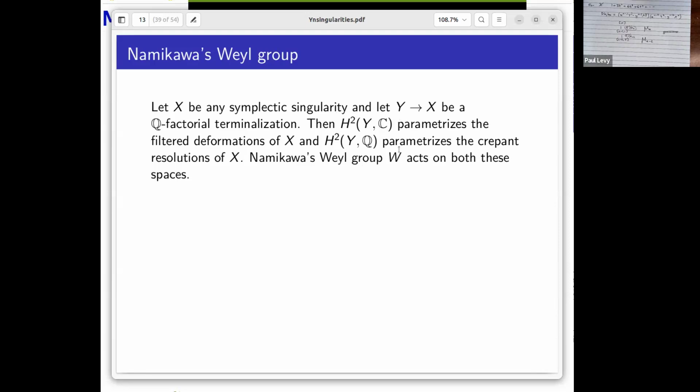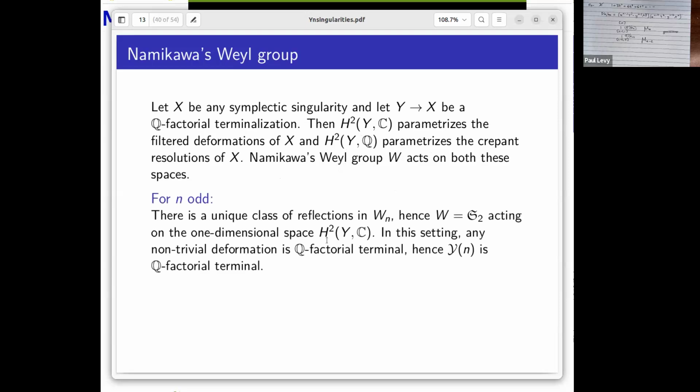But the Weyl group, Namikawa's Weyl group, is essentially describing the irreducible components of the singular locus of codimension 2. So in this case, it corresponds to the conjugacy classes of reflections.